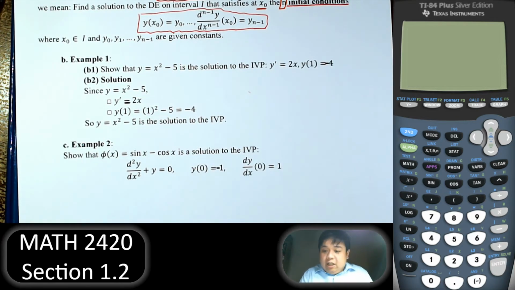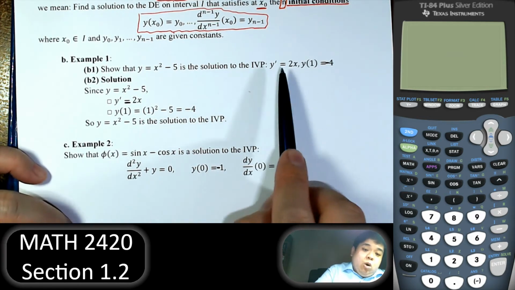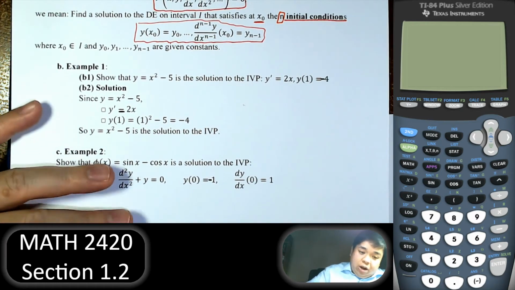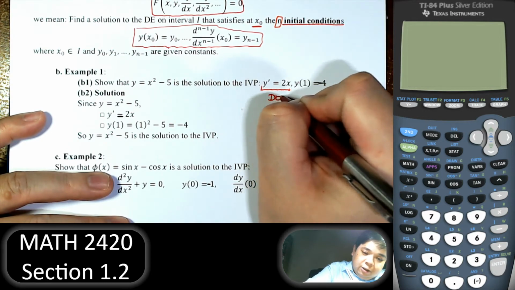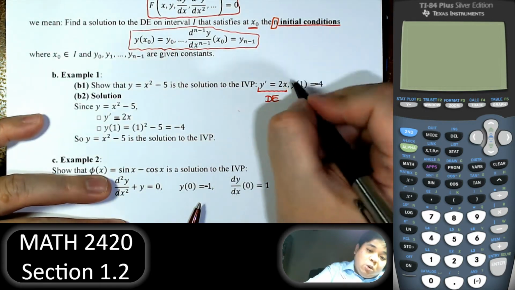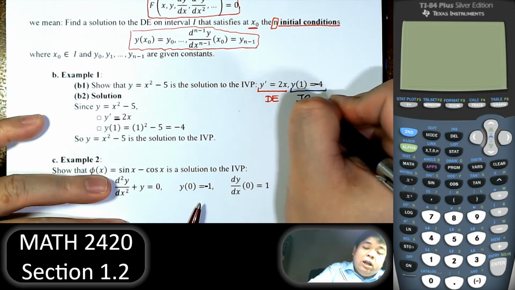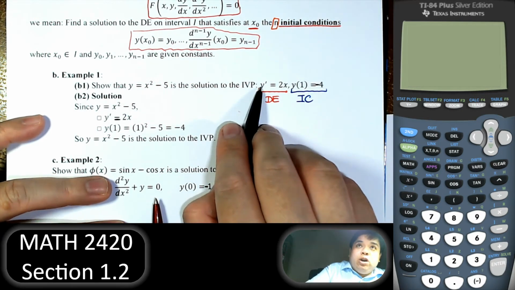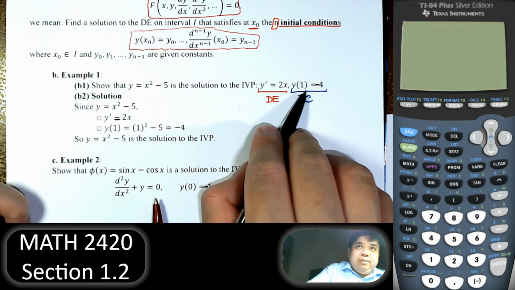On the note I post online, I already fixed these typos. Right, so what we need to check for the initial value problem is the differential equation, and we're going to check the initial condition or initial conditions, maybe more than one. But on this one, it is a first order equation, so this is order 1, we only need one initial condition.